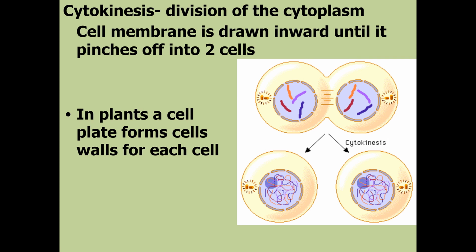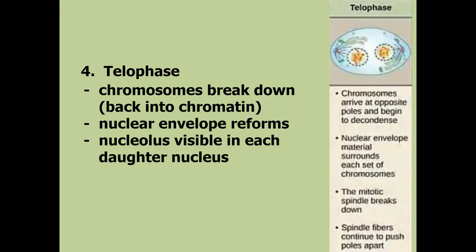So cytokinesis isn't technically a phase of mitosis, but it is the kind of last stage in the cell division process. So cytokinesis comes last, and it is the division of the cytoplasm. So basically, here we have the two daughter cells that you could see here, the two nuclei, the chromosomes. It will split here.